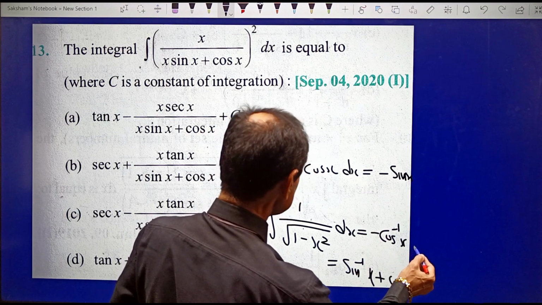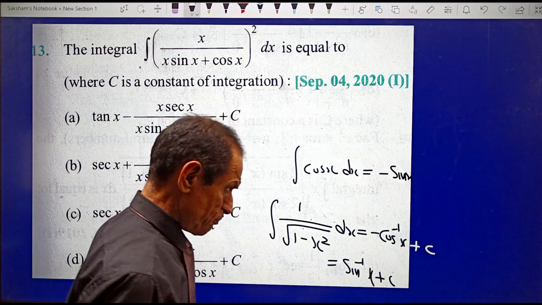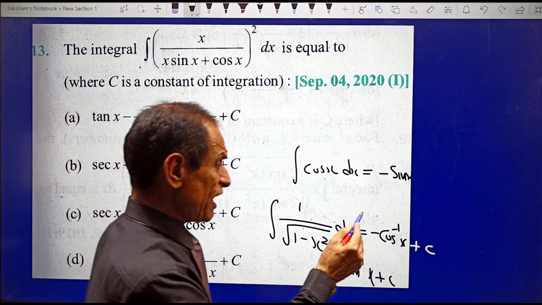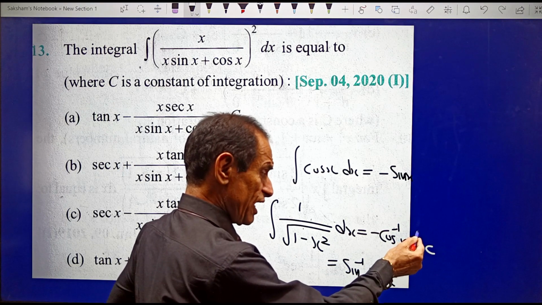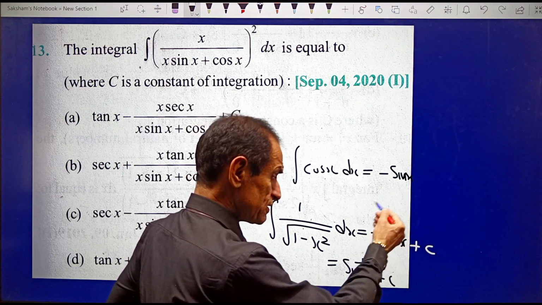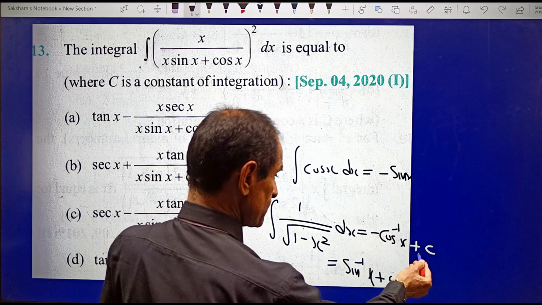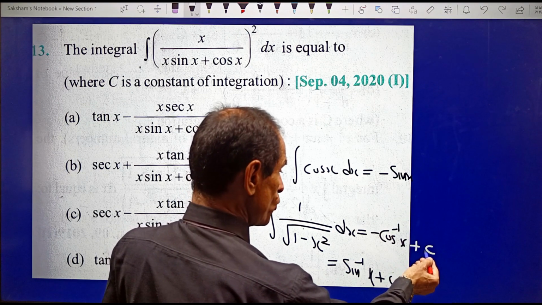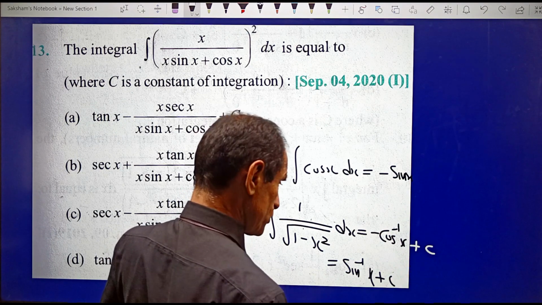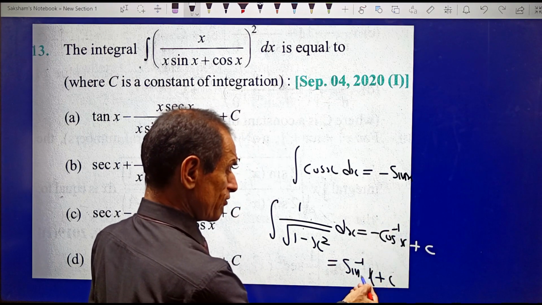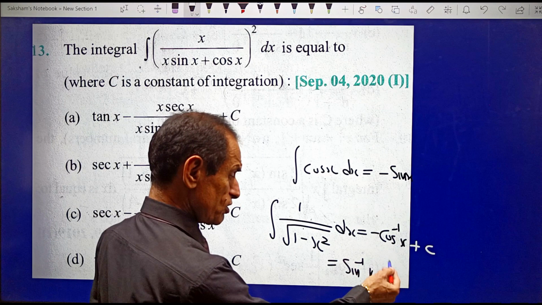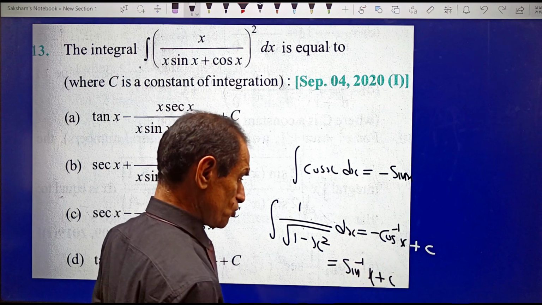Here also plus c and here also plus c. But we always adjust the constant of integration in such a way that for x equal to 0 the whole becomes 0. In this case, we will have to take the value of c as pi by 2. Then only the value of this will become 0. In this case, we will have to take the value of c as 0. Then only this will become 0.